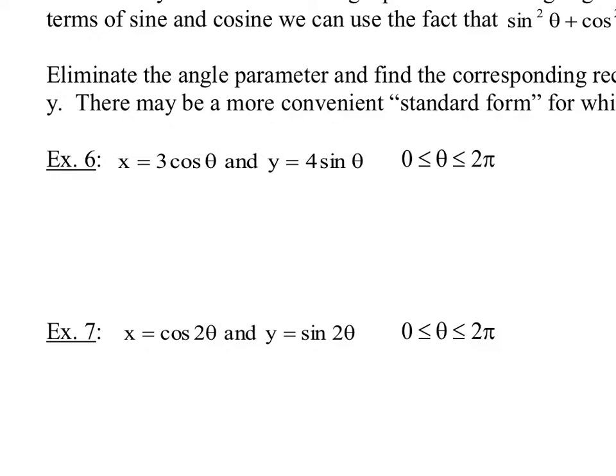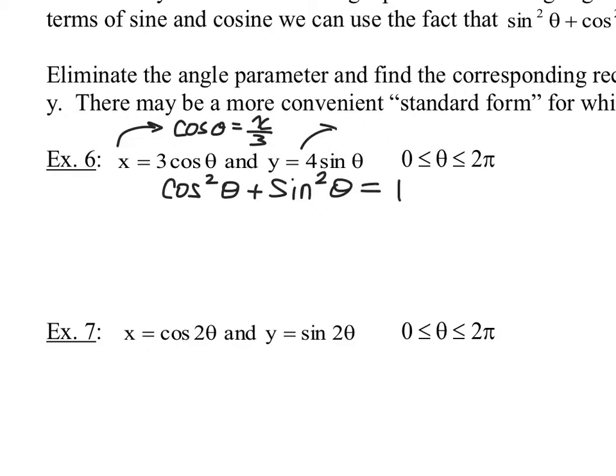So the first move is recognizing that there is an identity that could be used in this circumstance, and that is that cosine squared theta plus sine squared theta is equal to 1. All right, and then just off on the side, you can make a note that cosine theta, because I'm just dividing both sides by 3, cosine theta is equal to x over 3.